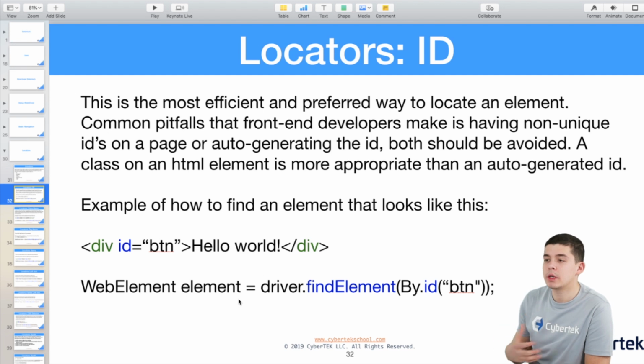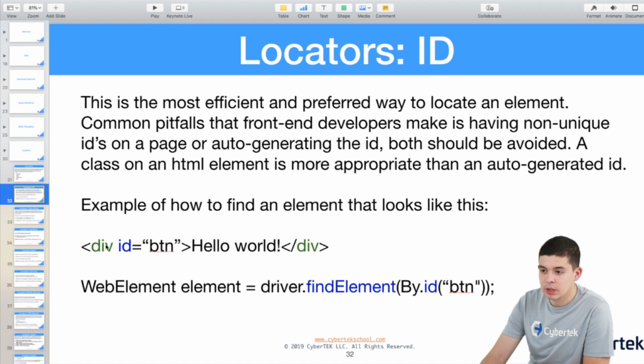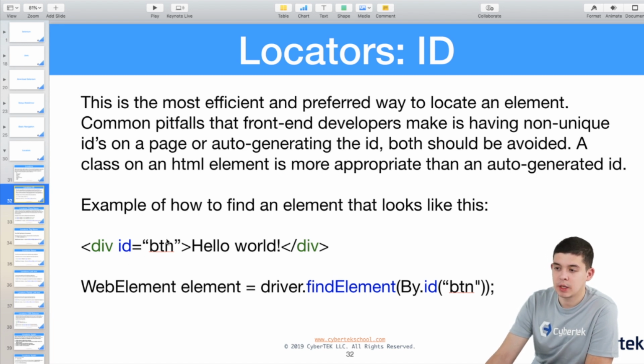Not every element on the page has an ID, this is true. But if some element, like this div for example, has an ID attribute and the value of ID is btn, then we can use ID to find the element by ID, and this is the value of ID.